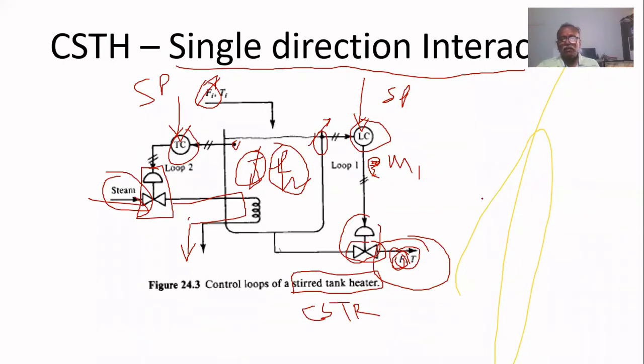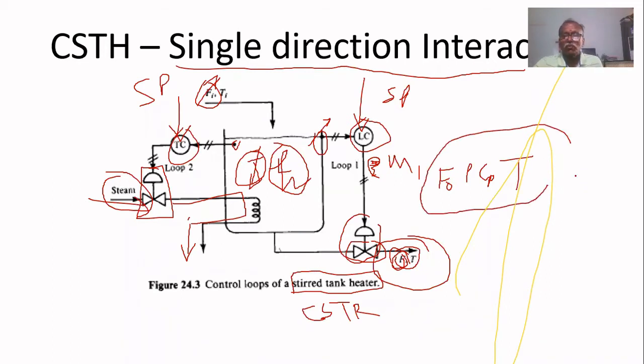In the mathematical model of the thermal process, you have noticed that the amount of heat leaving the system is the outflow rate F naught times rho Cp multiplied by the temperature at which it is sent out. So this is the amount of heat taken away from the process. If F naught increases, definitely the amount of heat removed from this CSTR increases. That's why the temperature will fall.